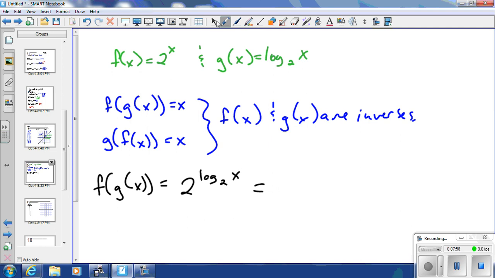Well, just like we said before, let's take a look at this exponent up here, log base 2 of x. What does that mean? Log base 2 of x, let's say it's going to equal something called y. This means 2 to the y power will give me x. So if I replace this with y, I'm doing 2 to the y power. What am I going to get? I'm going to get x. So that one works.